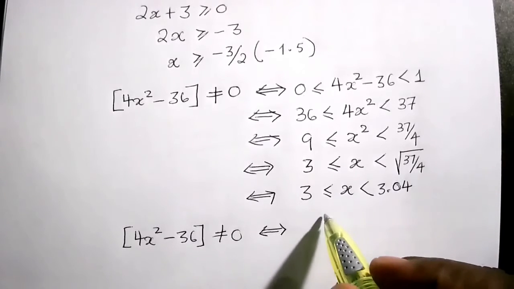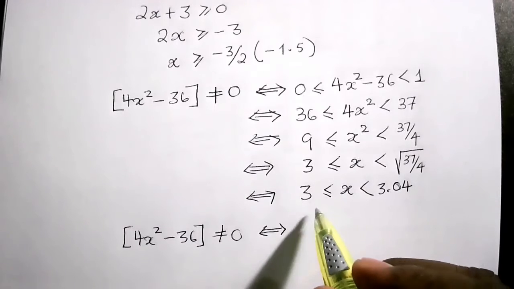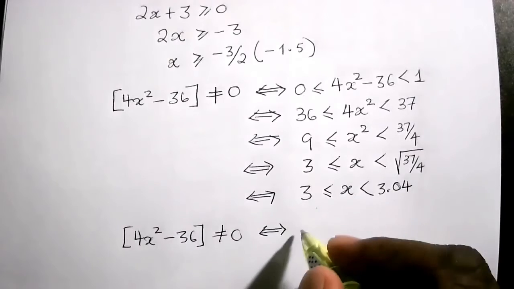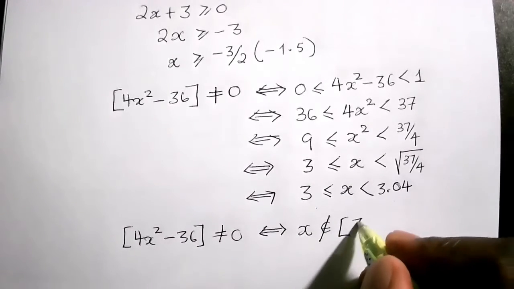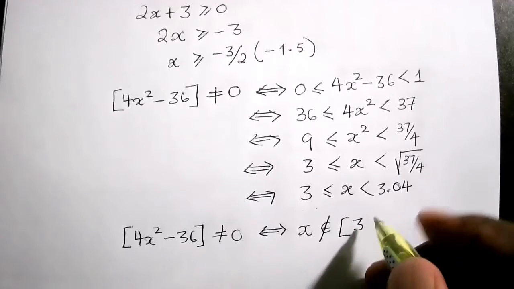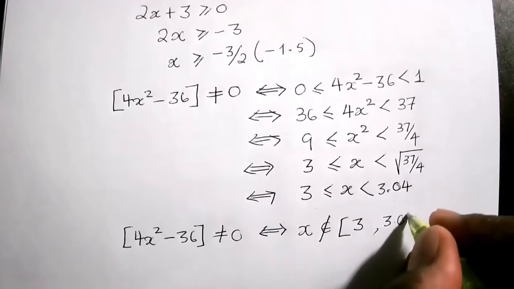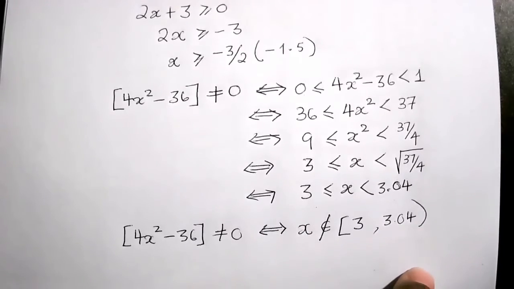That means the domain of x must not include this interval. So in other words, we are saying x must not be inside the interval 3 to 3.04. That's essentially what we are saying there.